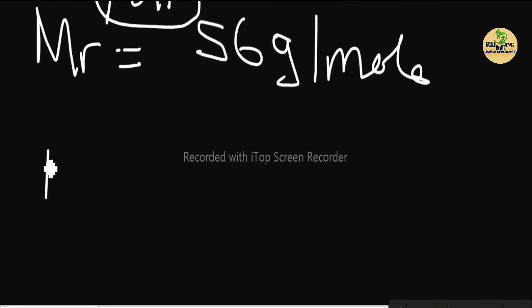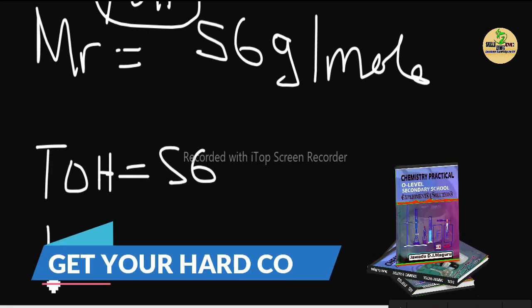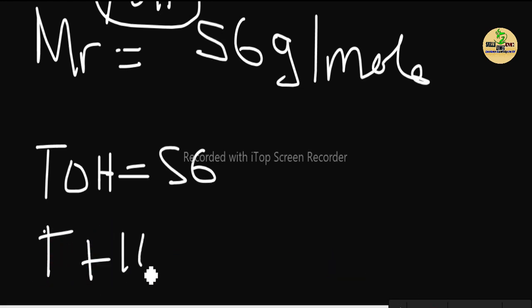So TOH is equal to 56. So we have T plus 16 plus 1 is equal to 56.